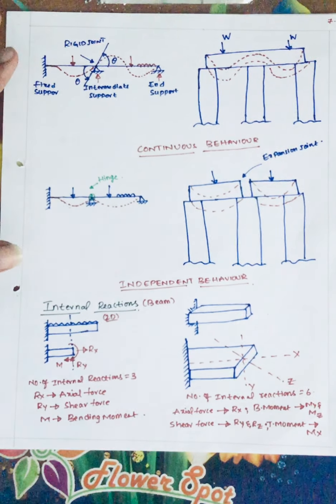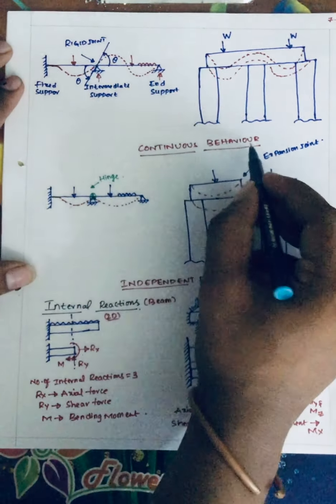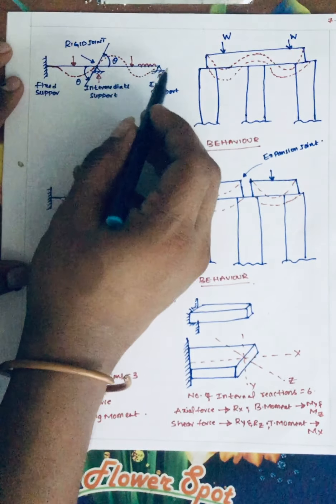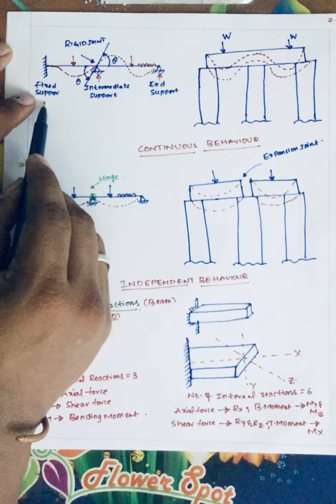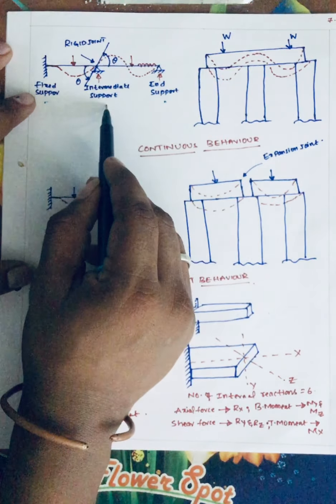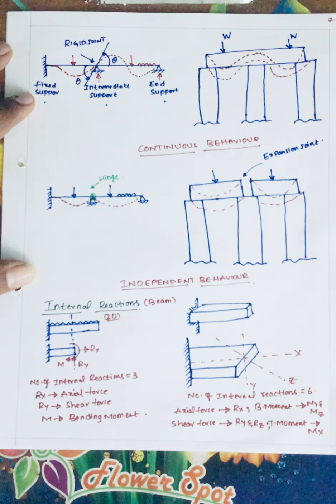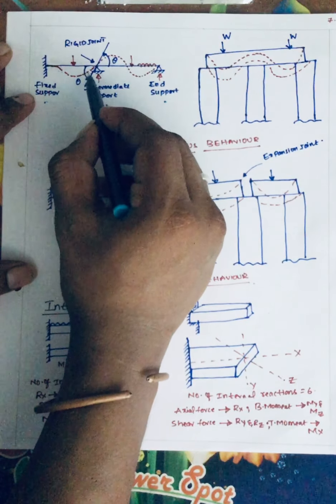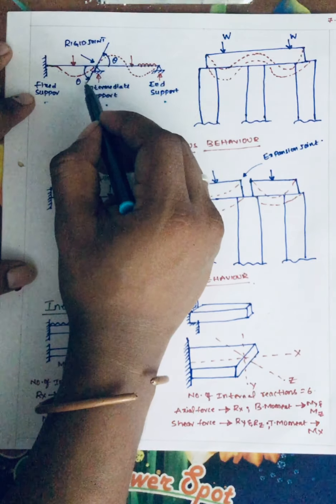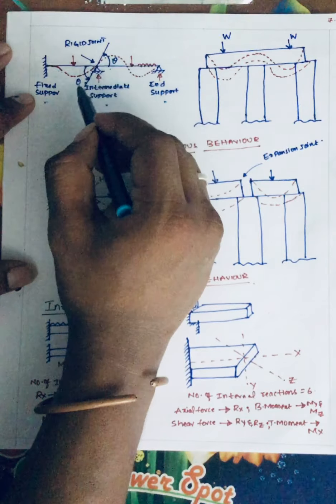Now this rigid joint is divided into two parts actually. The first one is a continuous behavior, the second one is an independent behavior. Now if you see, this is a continuous beam having the left end as a fixed support, the right hand end as a hinge support, and the interior support is an intermediate hinged support. In the continuous behavior, this is the deflection over here. If you calculate the slopes, on the right hand side and on the left hand side it should be theta.